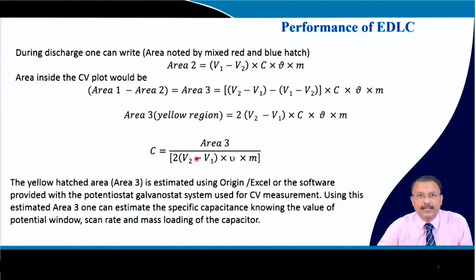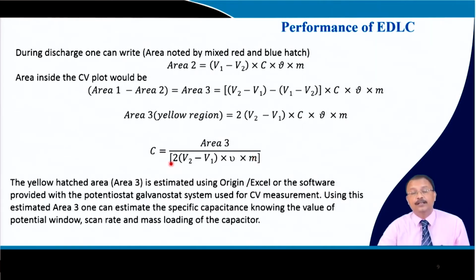So, eventually we get the area divided by 2 into the terminal voltage, that is the potential window, the voltage window that I am using, into your scan rate and the active material.